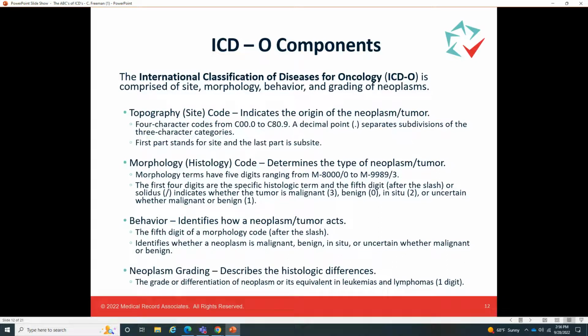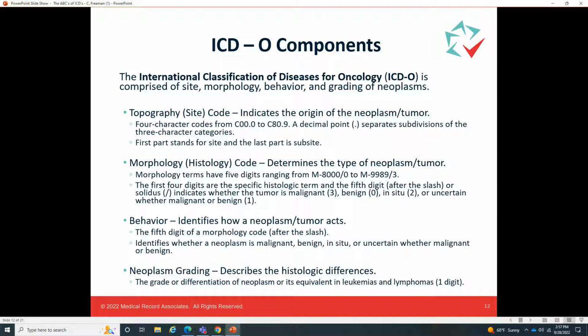Components of ICD-O codes. The ICD-O is comprised of site, morphology, behavior codes, and grading of neoplasms. Topography or site codes indicate the origin of the neoplasm. It is 4 characters, from C00.0 to C80.9.